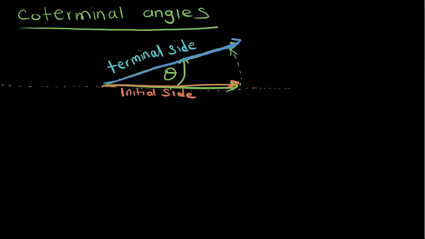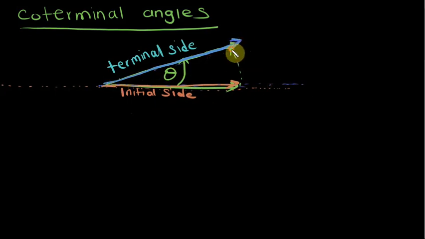Okay, so what's a coterminal angle? Looking at the angle we've just drawn, the initial side, which is that one over there, and the terminal side.